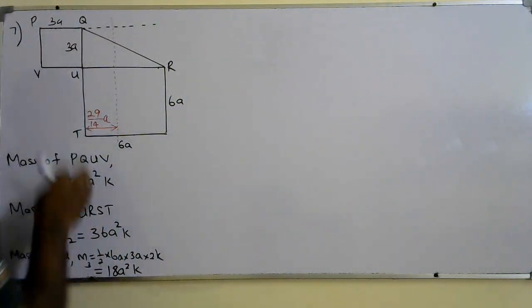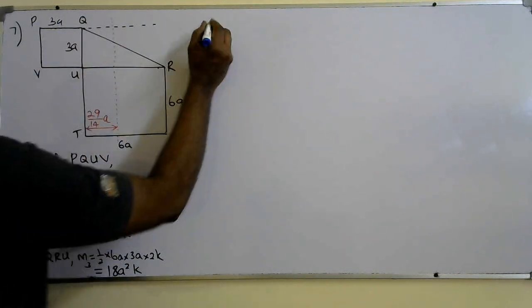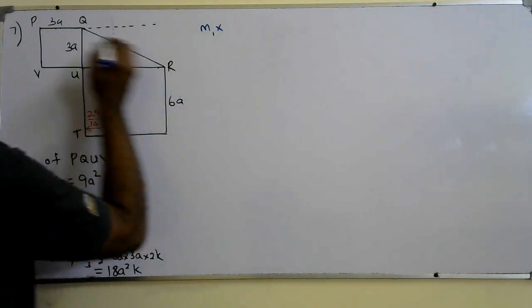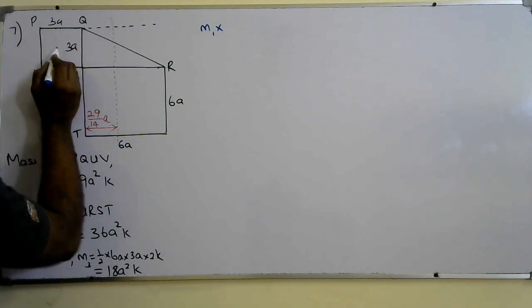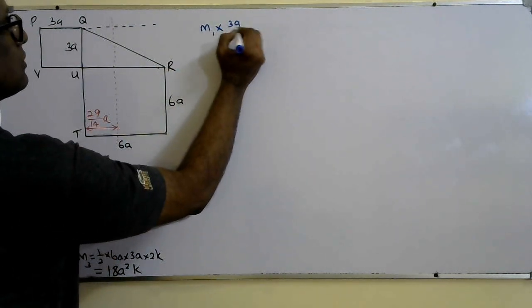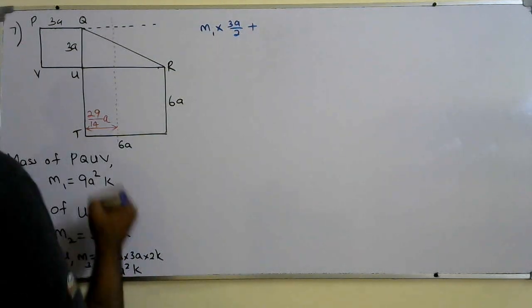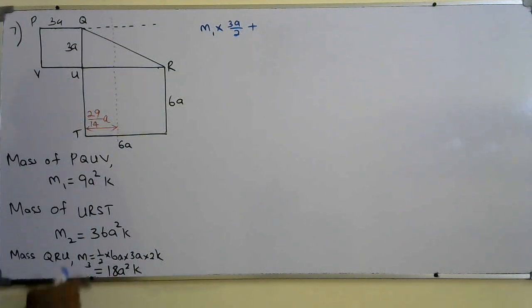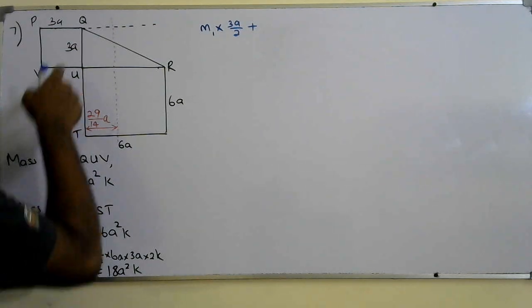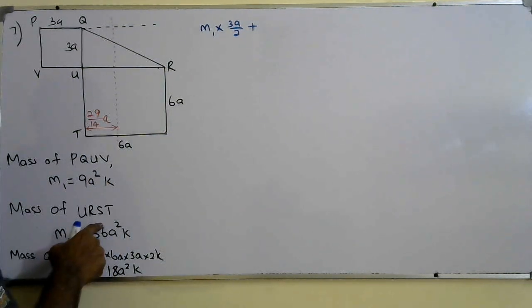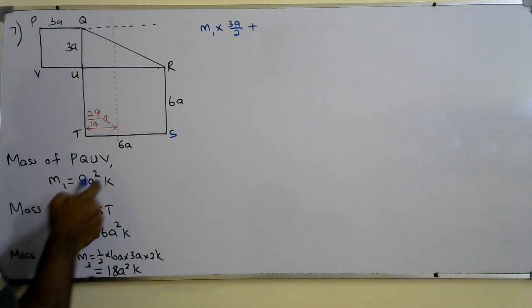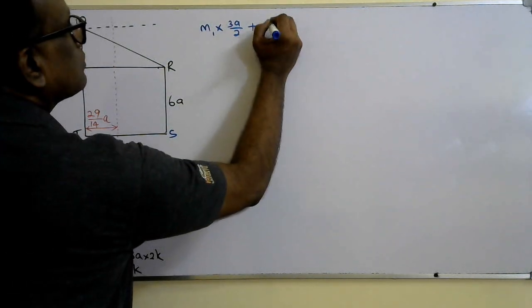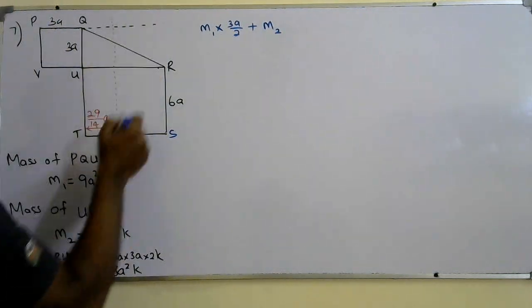The mass M1 is for PQUV, times the distance of its center of mass from the line PQ, which is 3A/2, plus the mass M2 of URST, times its distance.